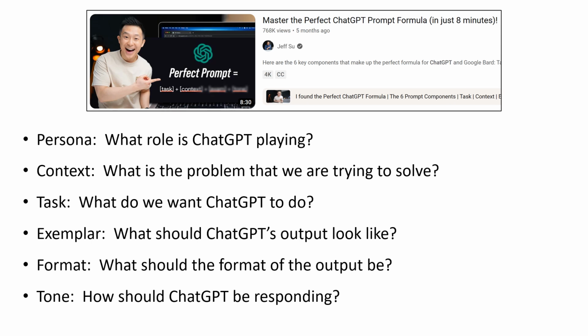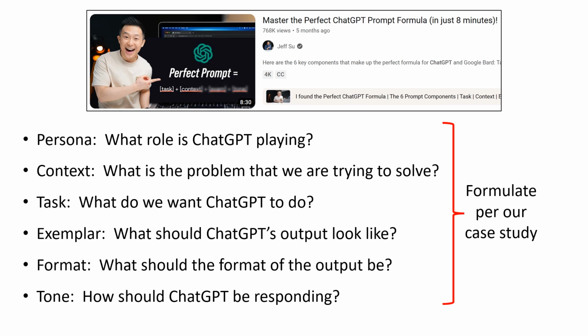Here is a list of prompt elements loosely derived from recommendations by Jeff Su that we will use here to ask ChatGPT how we should go about analyzing our ram's head orchid data. We will answer each question shown here as they apply to our case study, and then put these answers together as a question to ChatGPT.